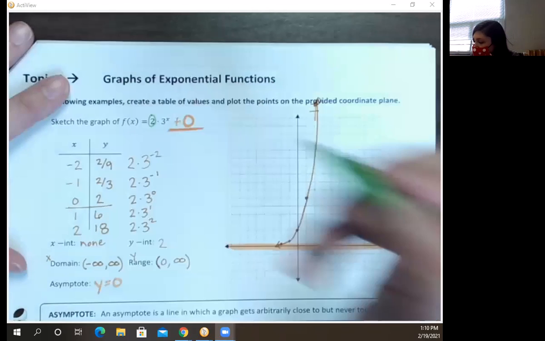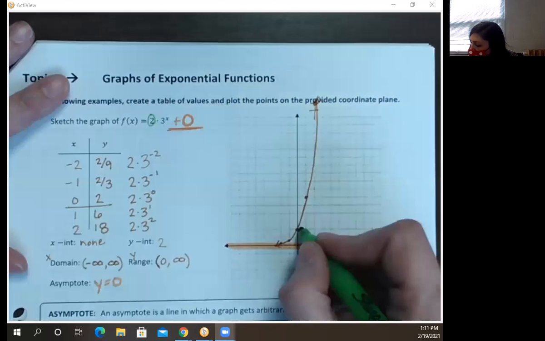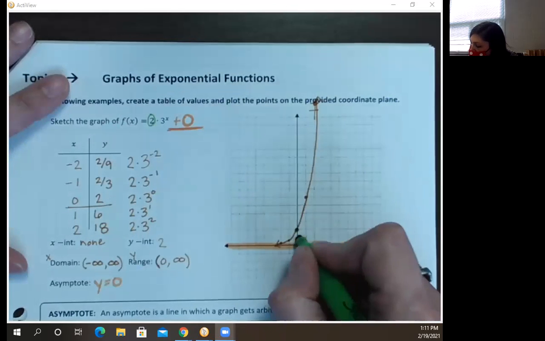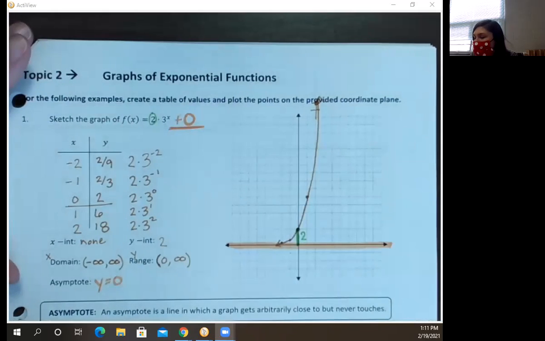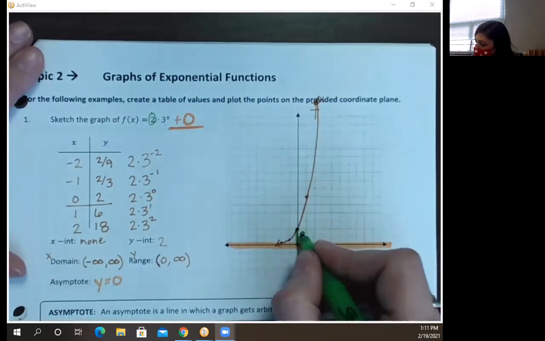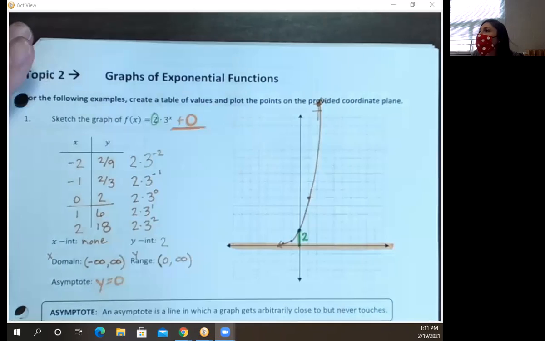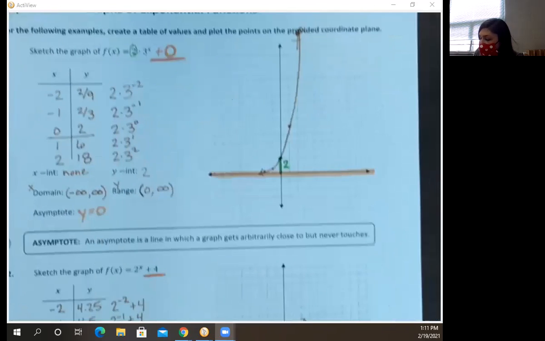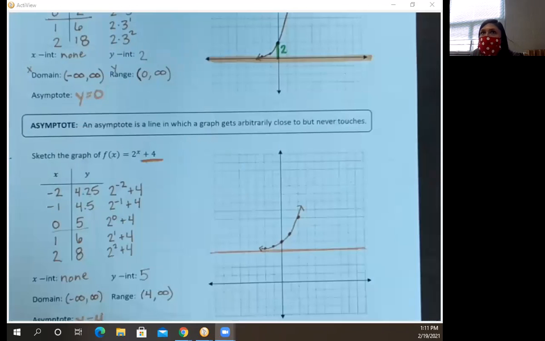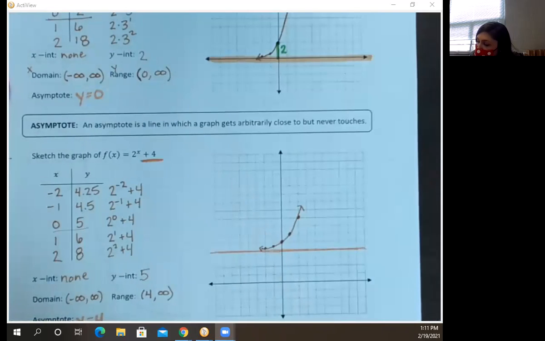On our graph, this is the distance between our y-intercept and our asymptote. That lead number is the distance between our y-intercept and our asymptote. So that means this number gives me a point on my graph. If I hop down to example 2, I don't see anything I'm multiplying by in front.